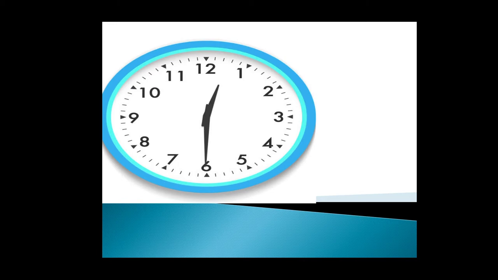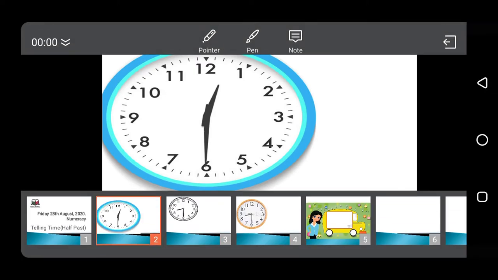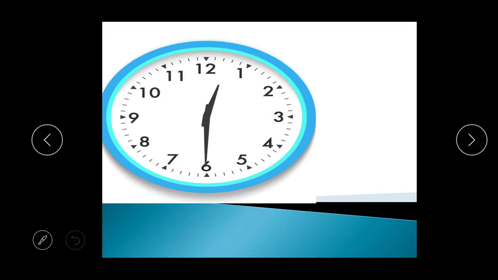So if the minute hand points at 6, it is half past the hour. This is the minute hand. Let me pick my pen. This is the minute hand. That is the long hand. If it points at 6, it means it is half past the hour.